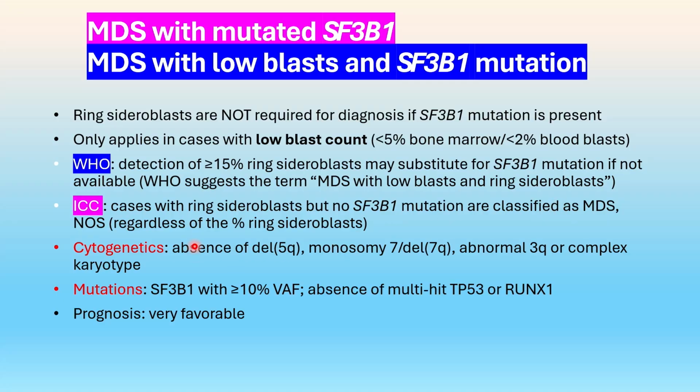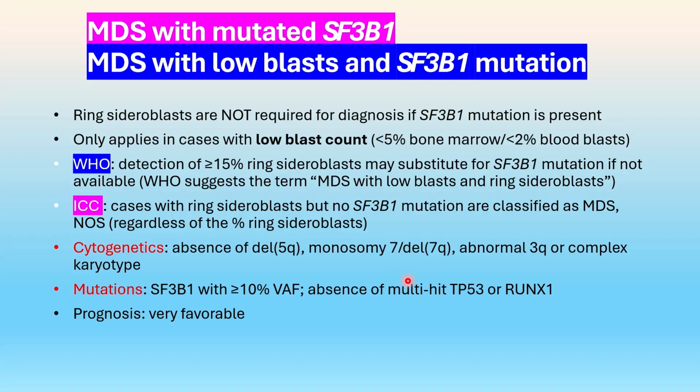The cytogenetics, again, should be very simple and non-threatening. We should not have abnormalities of chromosome 5 or 7 or 3, which is terrible, or a complex karyotype. As far as mutations, we need to have SF3B1, and we should not have p53 or UNC S1.